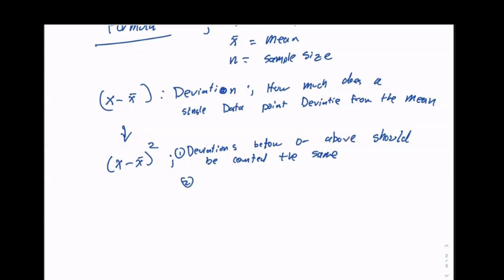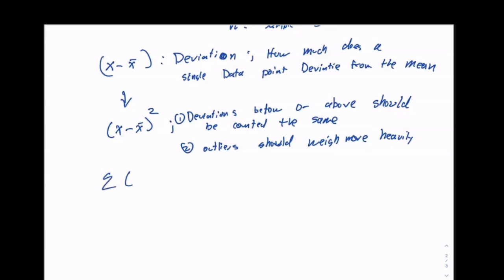And two, outliers should weigh more heavily. If you have somebody that's 100 away where everybody else is 5, 6, 7, that one that's 100 away is going to make the standard deviation look a lot bigger. So outliers are more problematic, and we square it because we want them all to be positive.